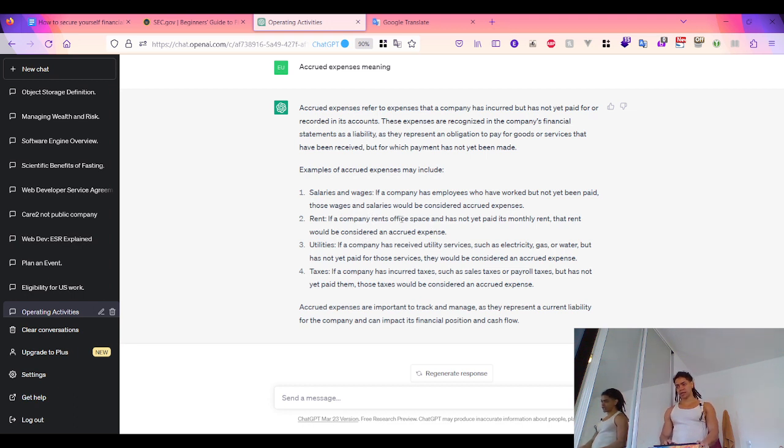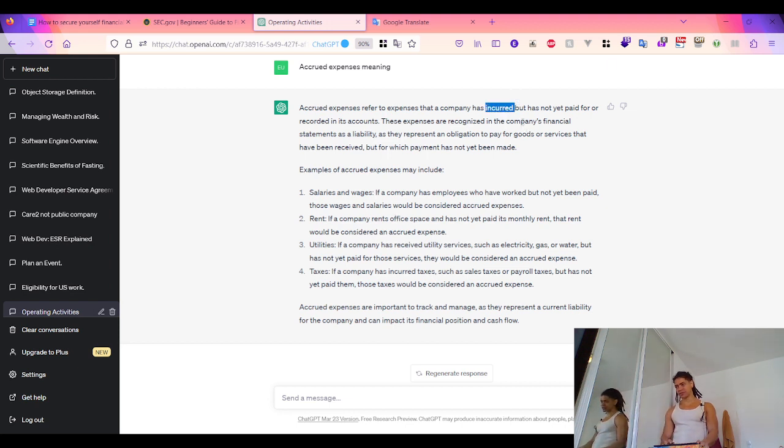Utilities: if a company has received utility services such as electricity, gas, or water, but has not yet paid for them, they are accrued expenses.